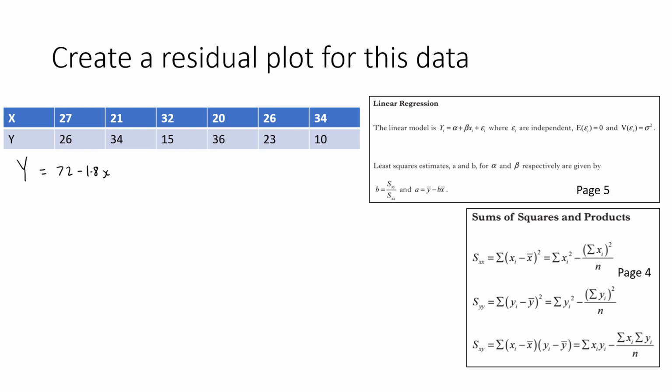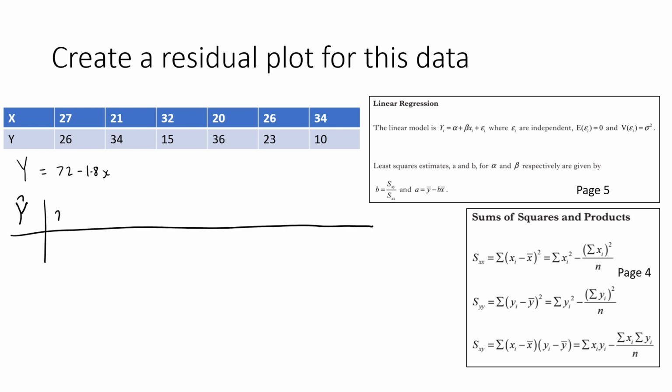Now let's move on to making a residual plot ourselves. I'd prefer if all of you pause the video and try this yourself and then compare it with my results. Okay, first things first, we find the predicted values for all of the y values.